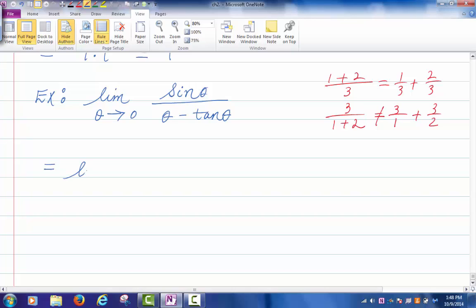In fact, I won't do that first. I'm going to do that in a bit, but I want to use sine theta over theta, right? So what I'm going to do is factor out a theta, and I'm going to write it as 1 minus tangent of theta over theta. That way I have sine theta over theta already.